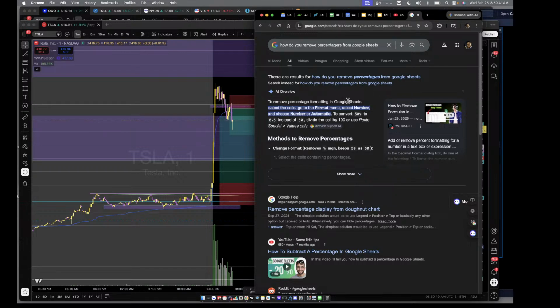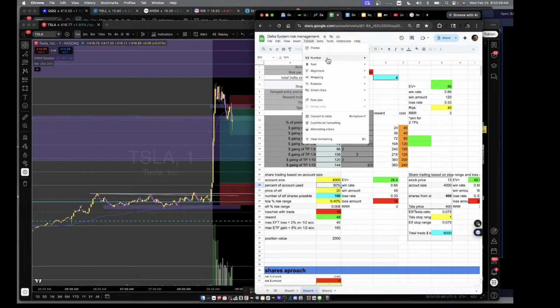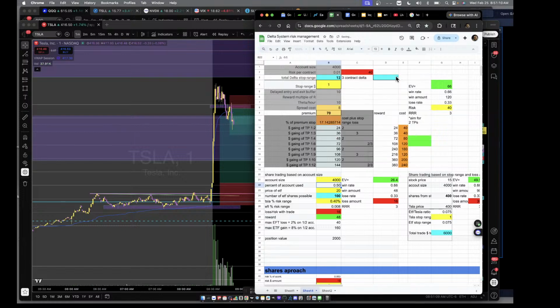Remove percentage from formatting in Google Sheets. Select cells. Go to Format menu, number. Choose number automatic to convert. Okay, format. Format. Number.